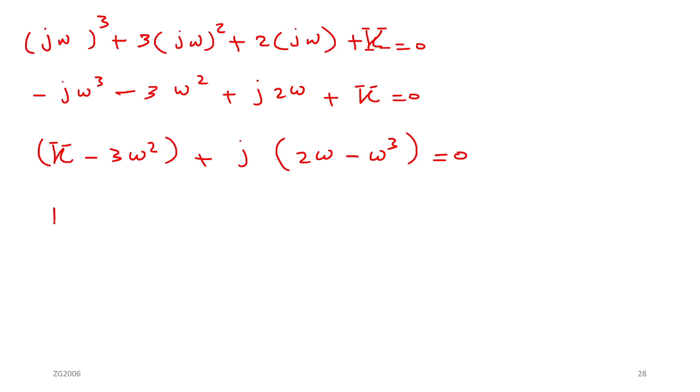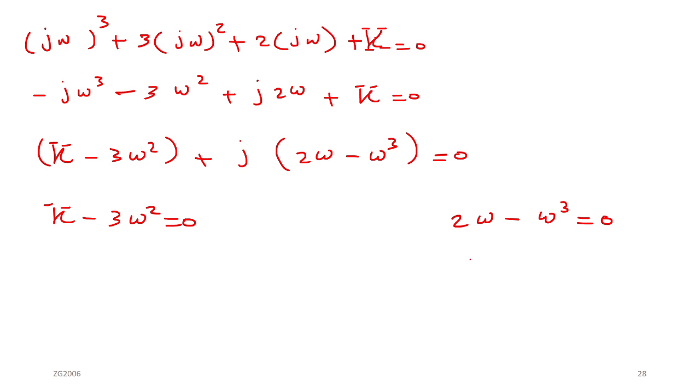So from here, K minus 3 omega squared must be equal to 0. And 2 omega minus omega cubed must be equal to 0. So we have 2 algebraic equations. How many unknowns? 2 unknowns. Can you solve for K and omega? The answer is yes.